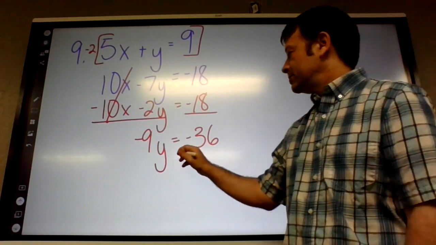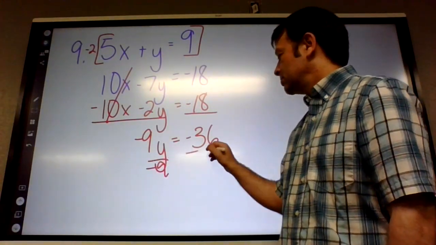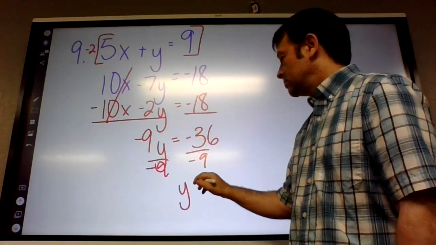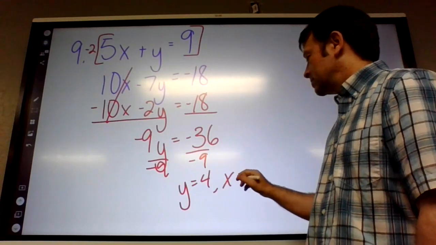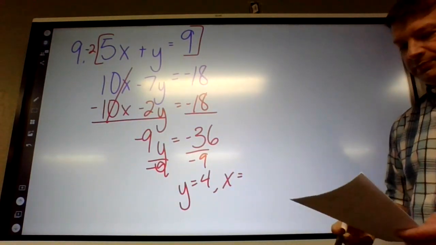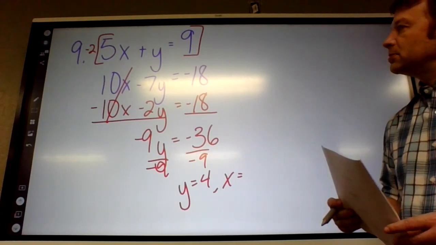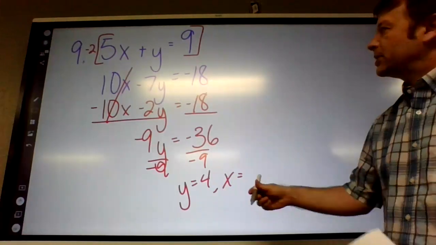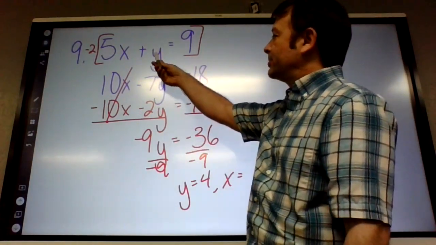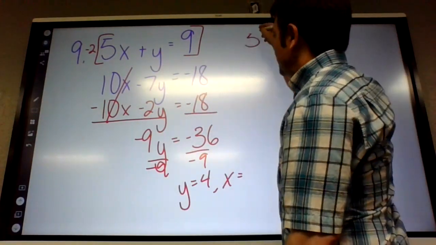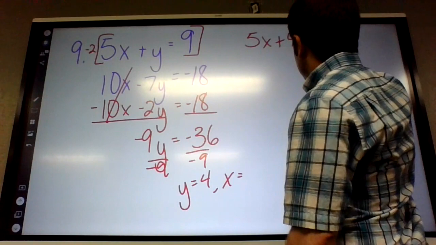So y is 4. Okay, I'll plug 4 back into the top one, I guess. So it's 5x plus 4 equals 9.